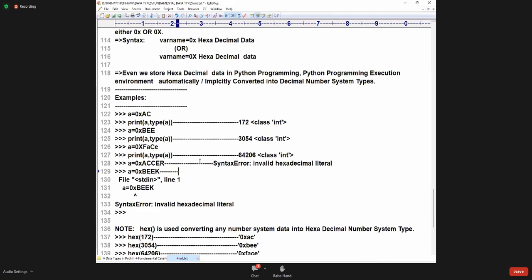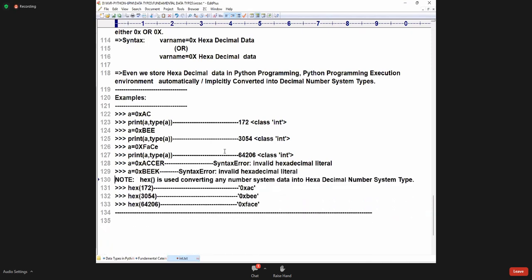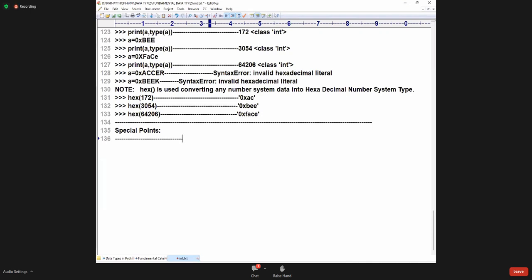Okay. Now I'm going to introduce one small extra point I want to cover here. Dear students, don't get confused. Special points. So what we discussed here, one small point I'm going to give you. How many number systems are there? Come on. 4. What are the 4 number systems?